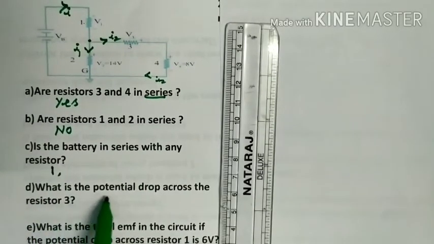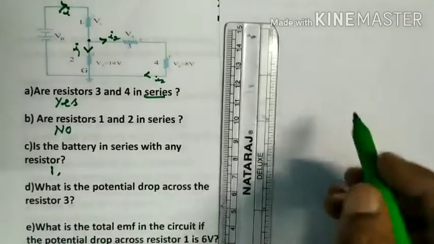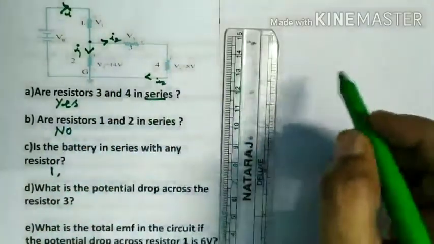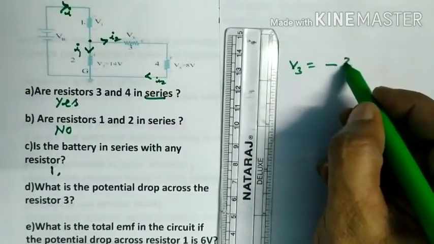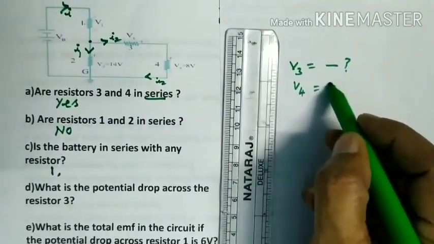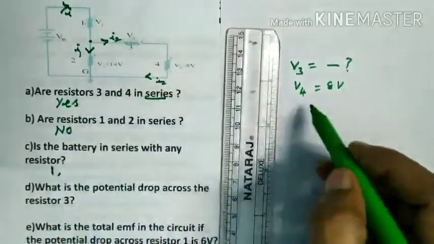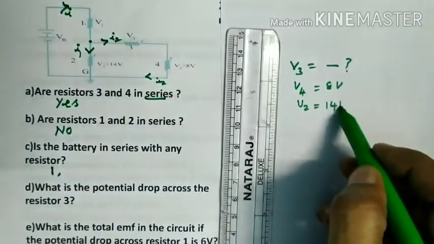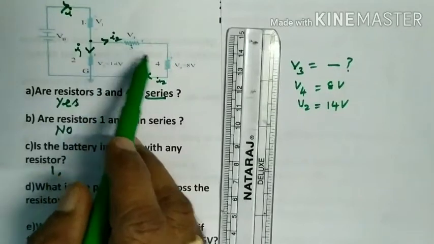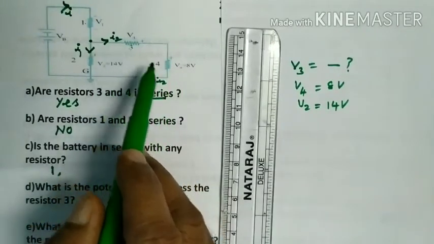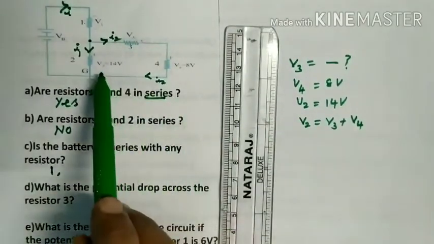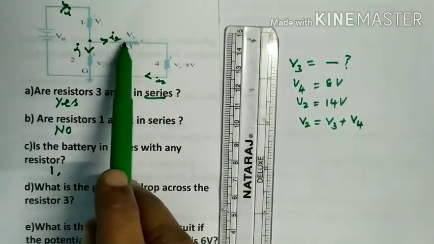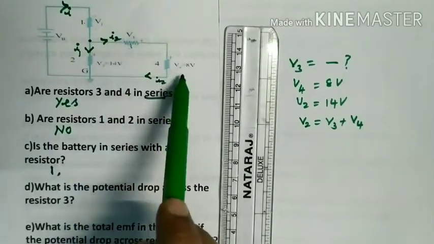Next question. What is the potential drop across resistor 3? Look here. V3 is not given, we have to find it out. V4 is 8 volts and V2 is equal to 14 volts. Resistors 3 and 4 are in series combination. So the potential drop across 2 is equal to the sum of the individual potential differences V3 plus V4.